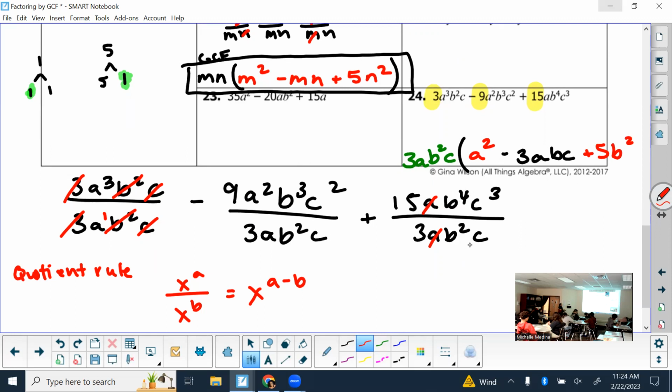And C cubed divided by C. I'll rewrite it down. Okay. So that's what you do. And then if you're ever wanting to check your work, distribute, see if you get the original problem. So any questions on that?